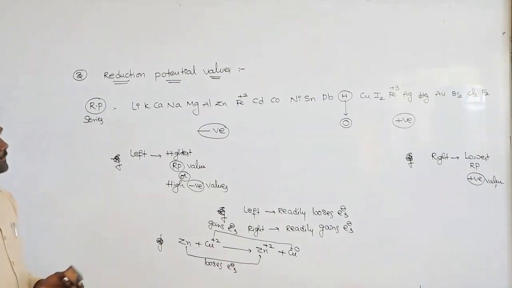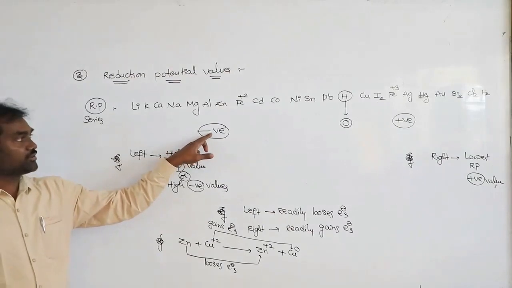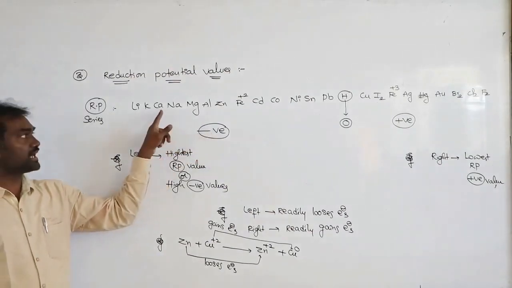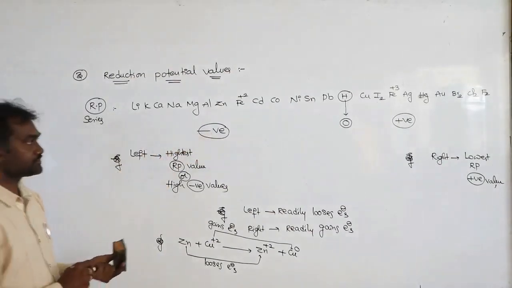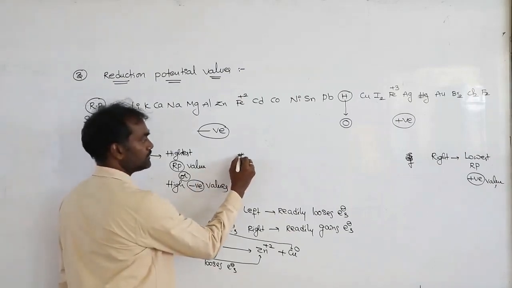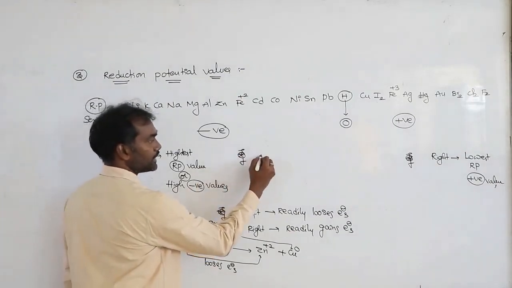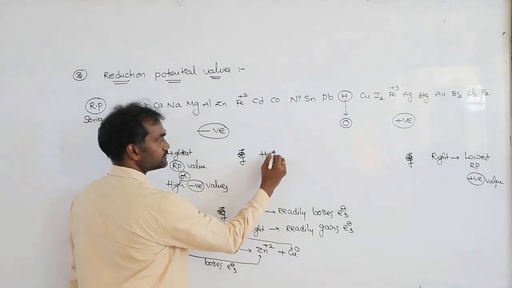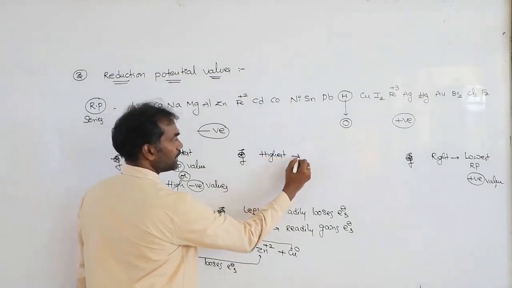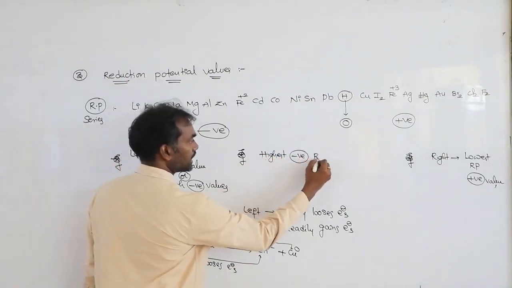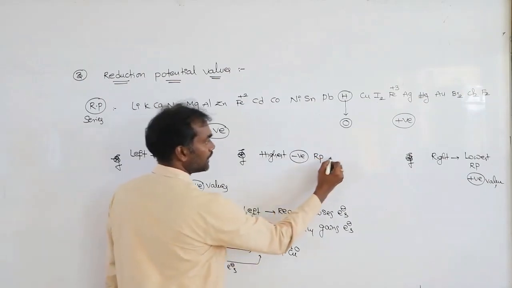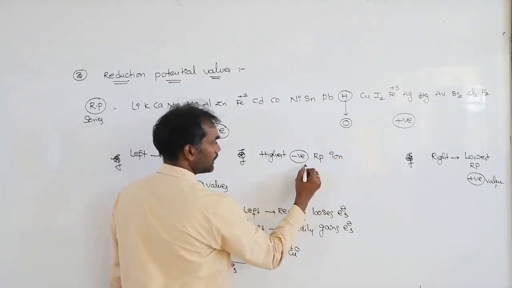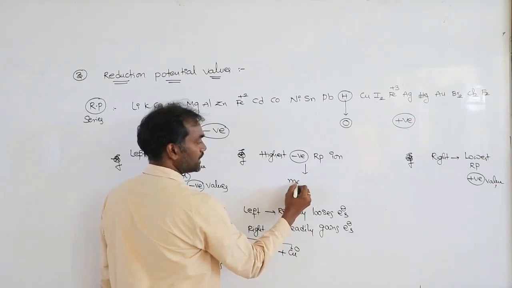One more thing: the ion with the highest negative reduction potential value is stable. The highest negative reduction potential ion has more stability.